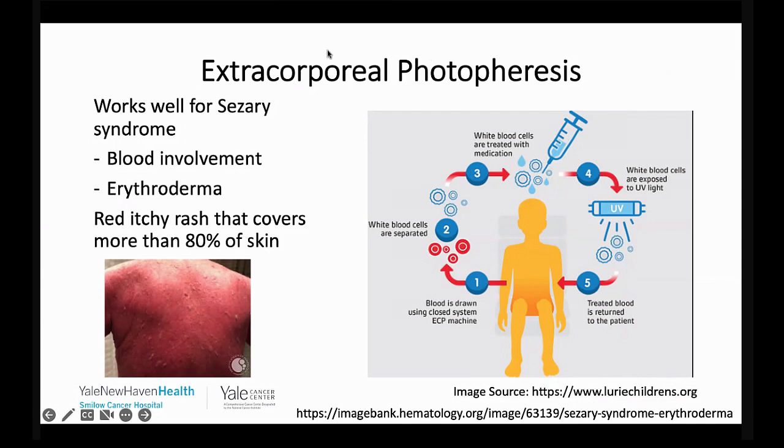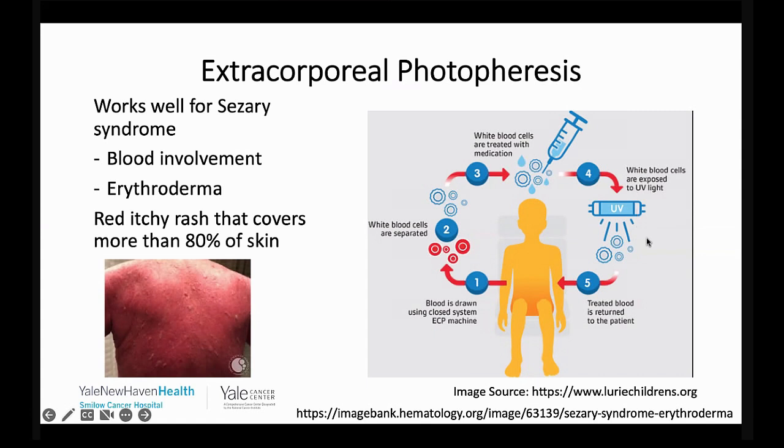So how does ECP work? It involves drawing blood using the ECP machine. The machine then separates the white blood cells, and these white blood cells are treated with a medication as well as UV light.